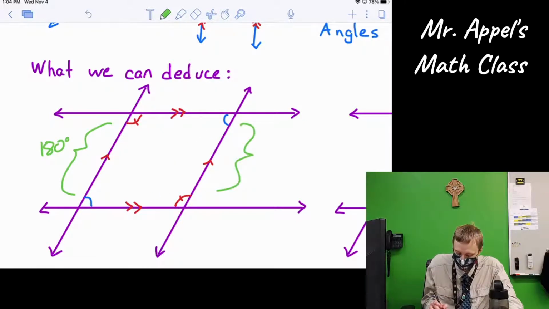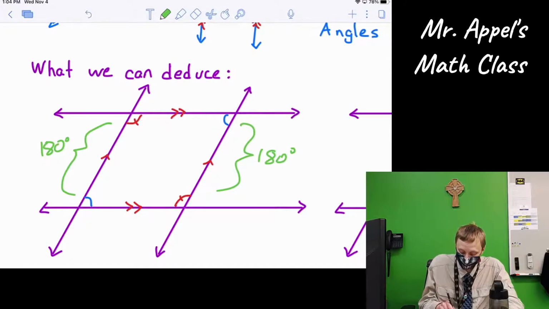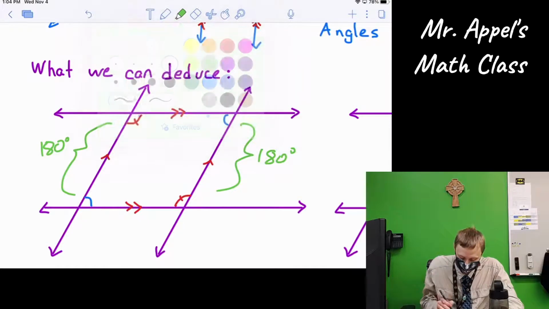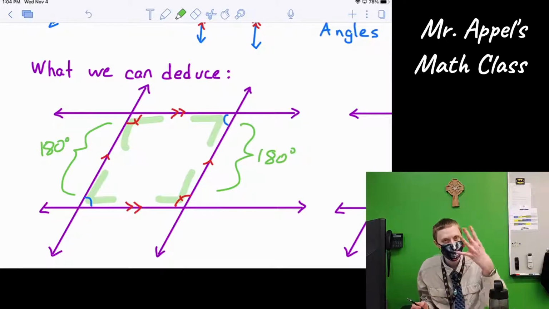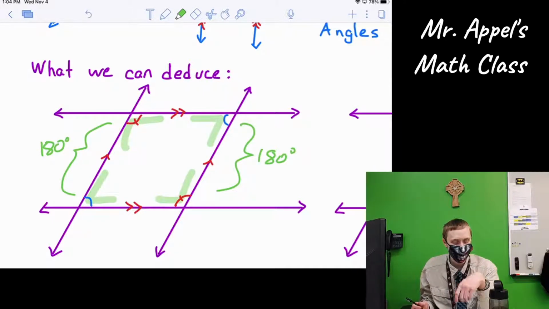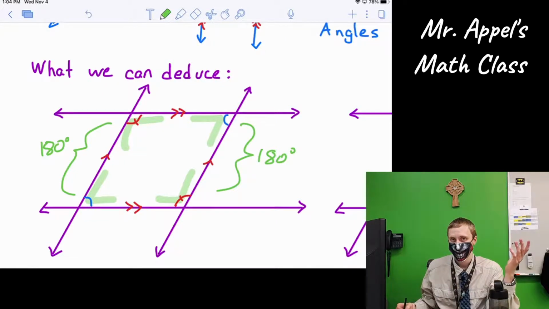So then these two will add to 180 degrees, right? So then what is the sum total of this angle plus this angle plus this angle plus this angle? All 4 interior angles of the parallelogram adds up to what?